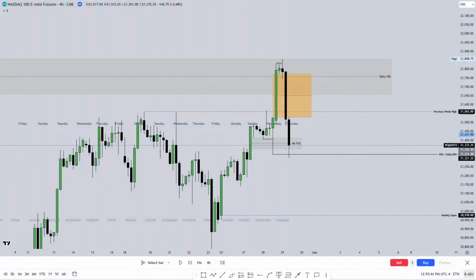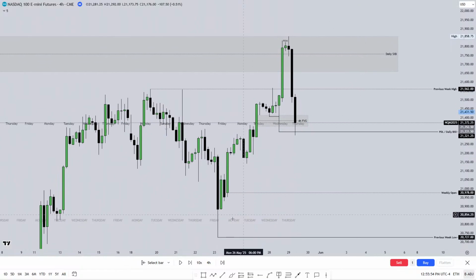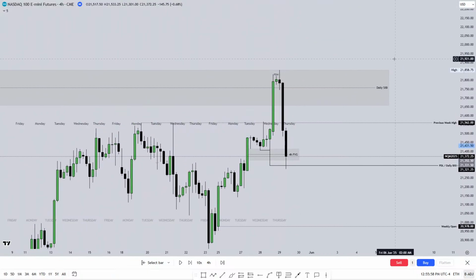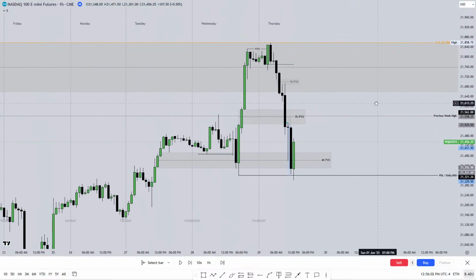Well, there was only Friday after this, but still. Because I was looking at this as like a 4 hour change in the state of delivery. 4 up close candles or 5 into the daily SIBI. And then this lower.